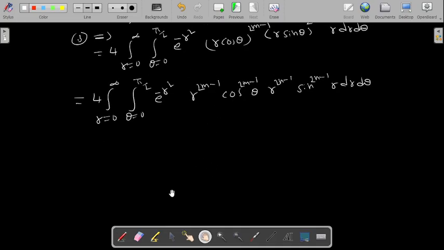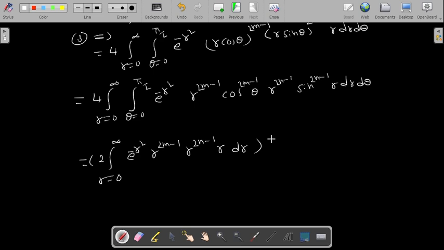So what I am doing is writing all r terms separately and theta terms separately. This becomes 2 into the integral r equal to 0 to infinity, e power minus r square, r power 2m minus 1, r power 2n minus 1, into r dr.